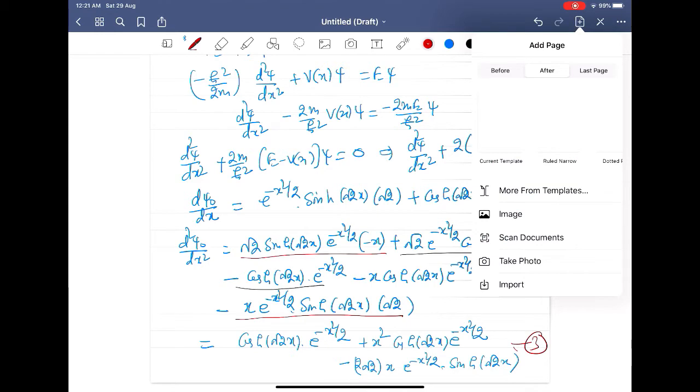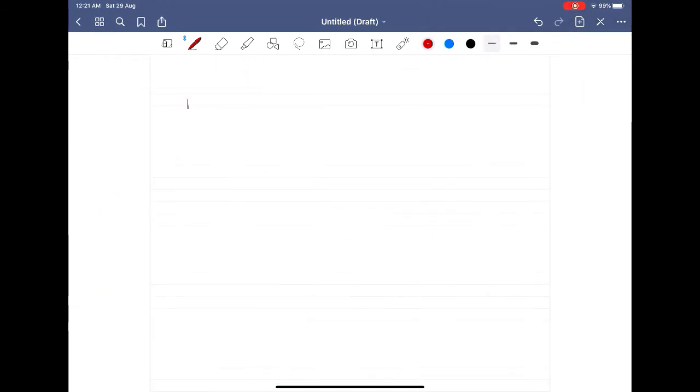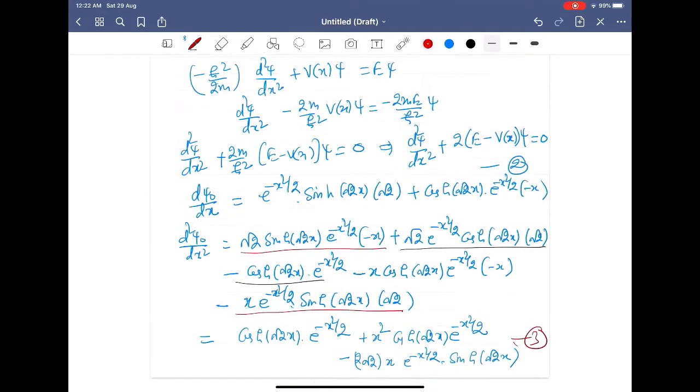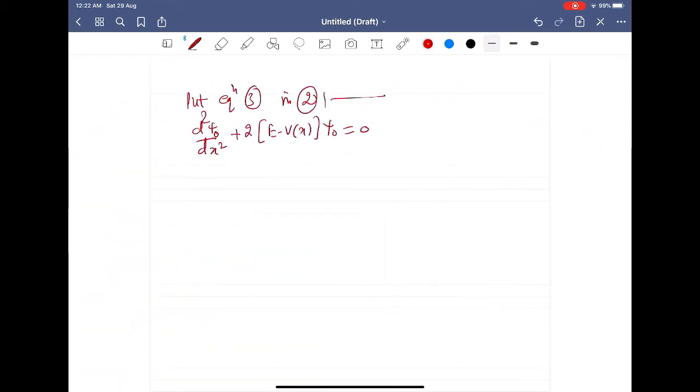Put equation 3 in 2. Equation 2 is very simple: d2 psi 0 by dx squared plus 2(E minus V(x)) psi 0 equals 0, because psi 0 is the solution, so I replace psi by psi 0. The second derivative d2 psi 0 by dx squared is something we have already calculated, so let me put the value here.